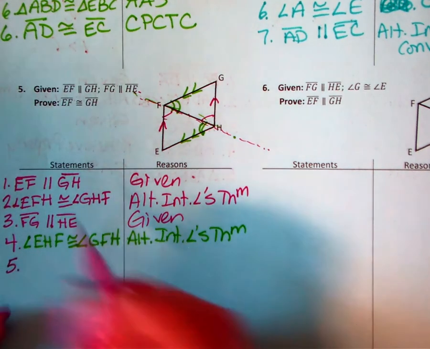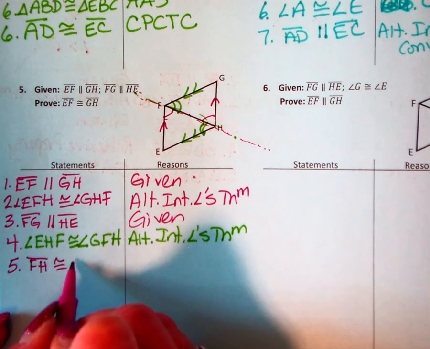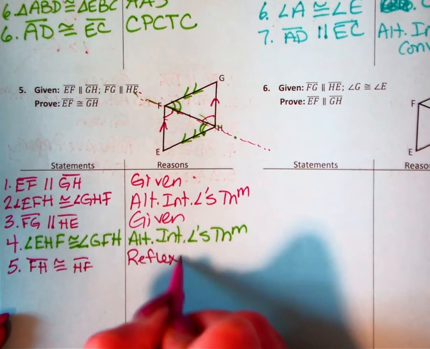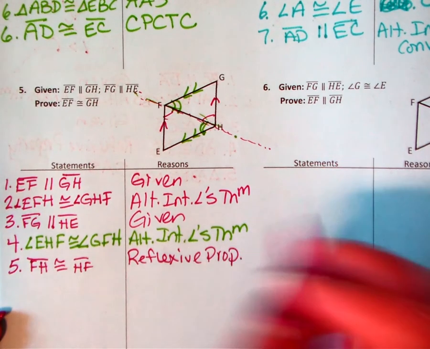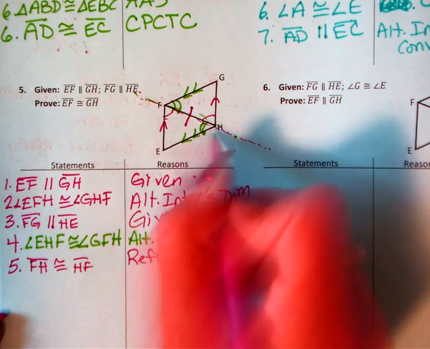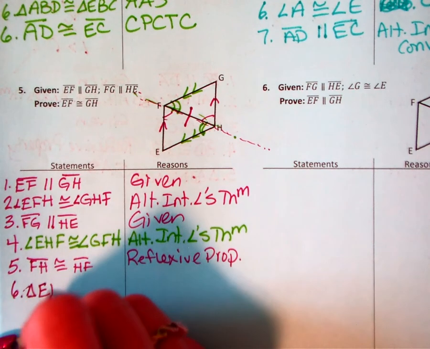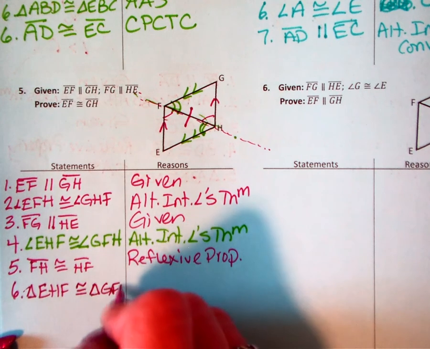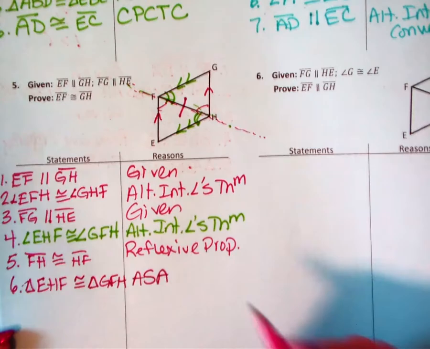Okay, next I can say that segment FH is congruent to segment HF by the reflexive property. Again, it's its own segment. So I have angle side angle, and the triangle EHF is congruent to triangle GFH, right? Angle side angle.